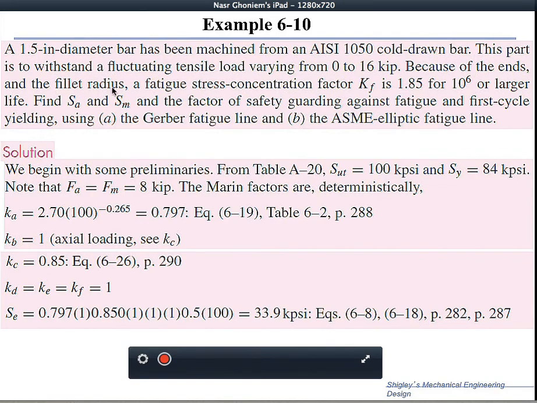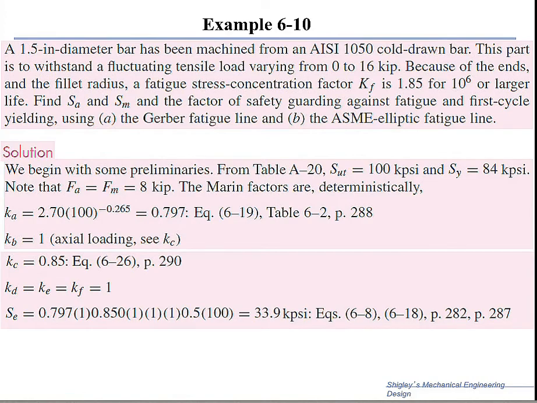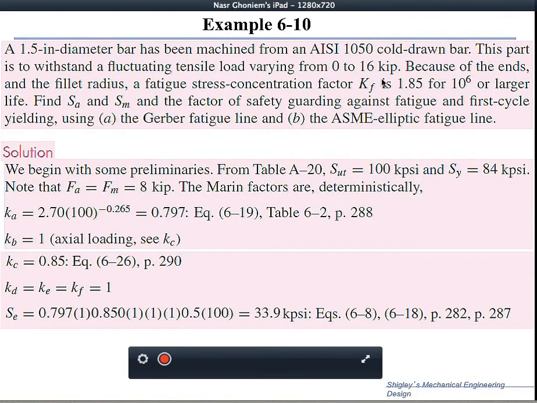And this bar is to withstand the fluctuating tensile stress varying from 0 to 16 kip, which means that I can find the minimum is 0 and the maximum is 16.